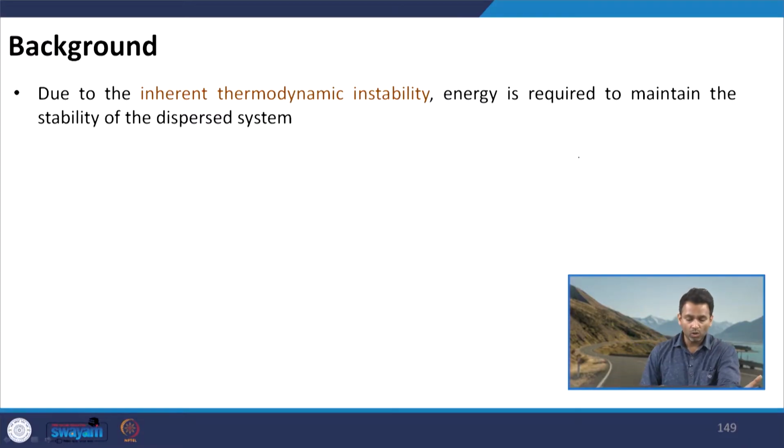Now, of course, bitumen and water, one is oil and the other is water, they definitely do not like each other. Because of the inherent thermodynamic instability which arises because of the interfacial tension between the two immiscible oil and water system, we have to use additional energy to maintain the stability of the dispersed system.